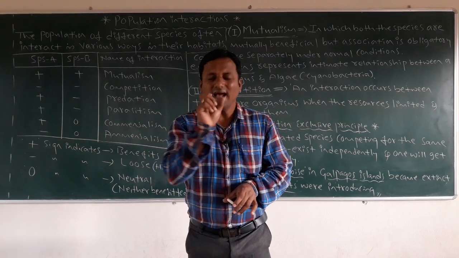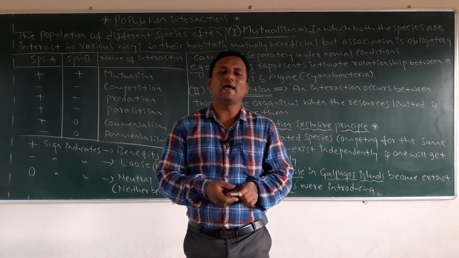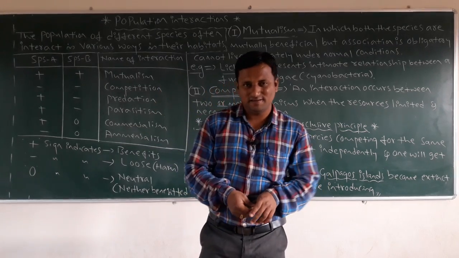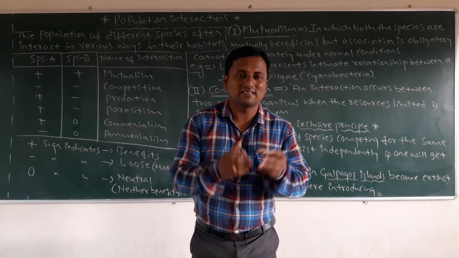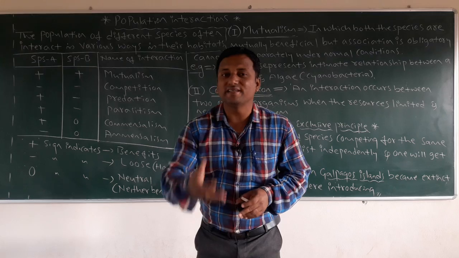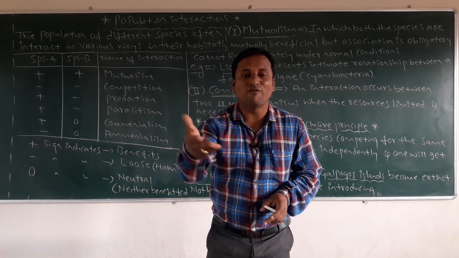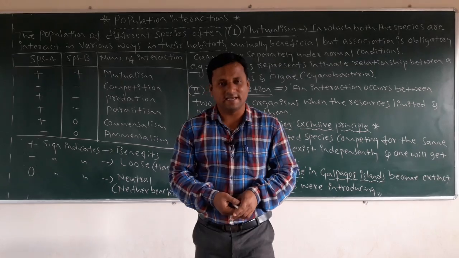Based on those interactions, there are nearly 6 types of interactions. How do these interactions happen in the environment or in the life of living organisms?